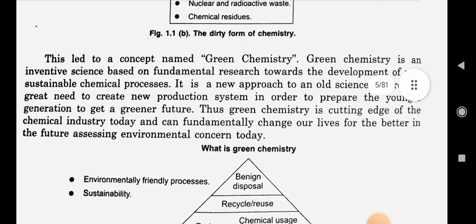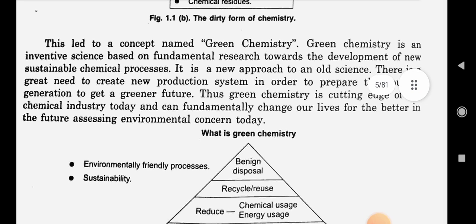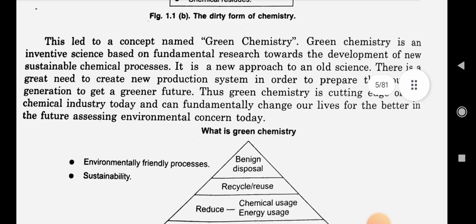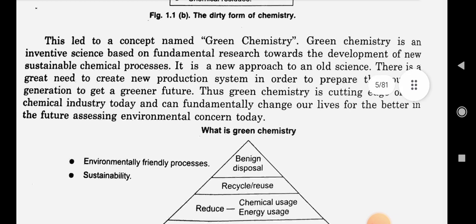This led to the concept named green chemistry. Green chemistry is an inventive science based on fundamental research towards the development of new sustainable chemical processes. It is a new approach to an old science. There is a great need to create a new production system in order to prepare the younger generation for a greener future.